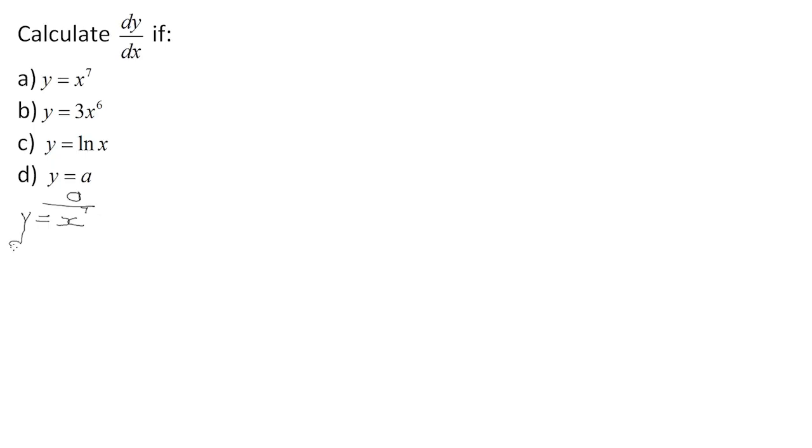Obviously, from formula number 5, dy/dx will be equal to n, where n is your exponent, then x with the exponent reduced by 1. In other words, your answer there will be 7x to the power 6.